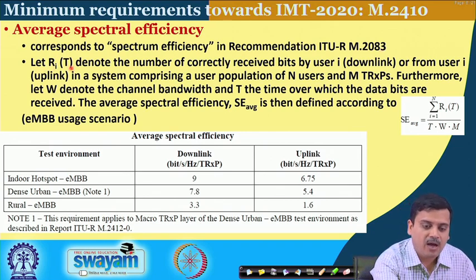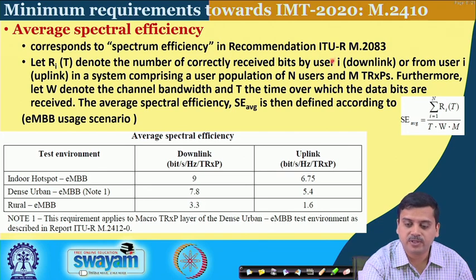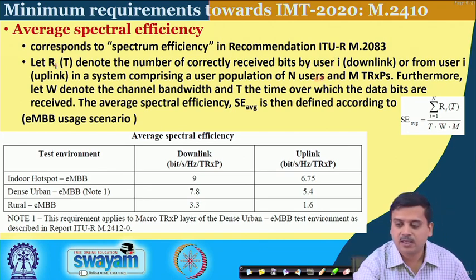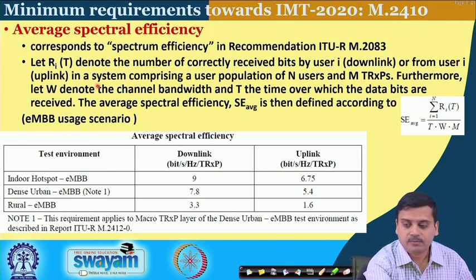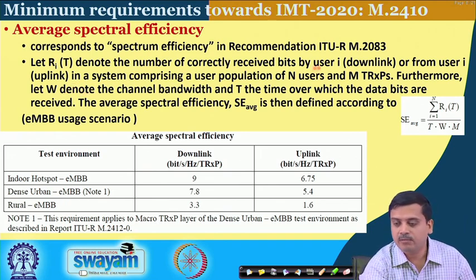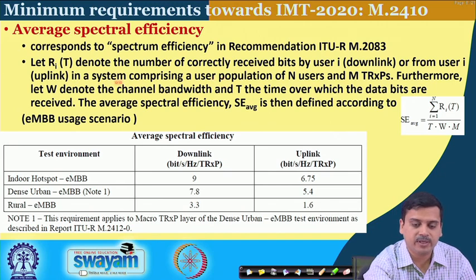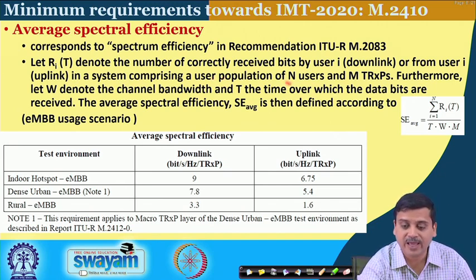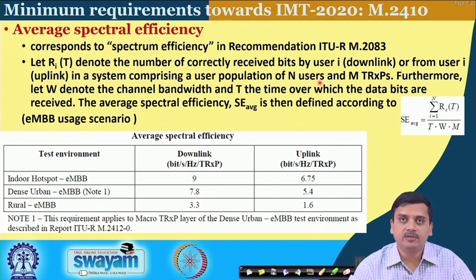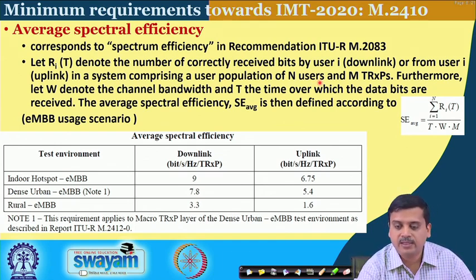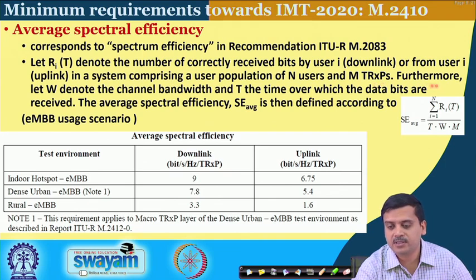So, if R sub i denotes the number of collectively received bits for user i, received by user i in downlink and from user i in uplink, in a system comprising a user population of N users. Okay. So, you have an environment where there are N users, i is one of the users, and there are M transmit receive points.